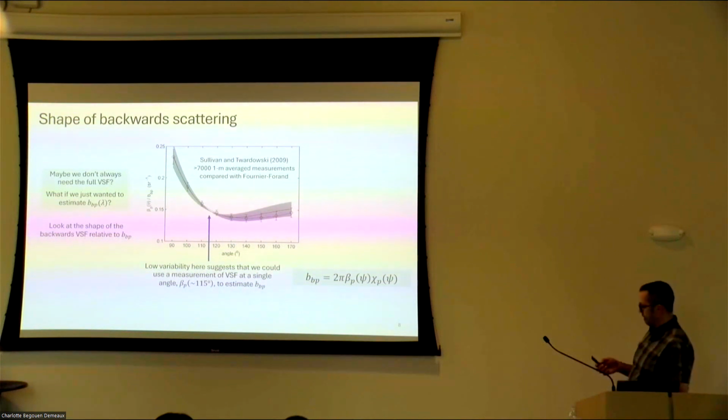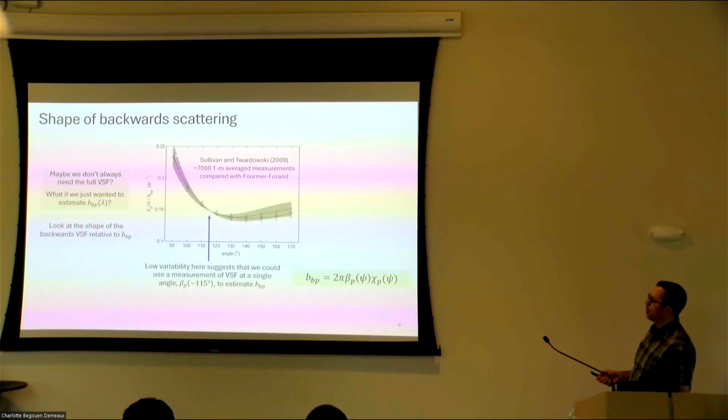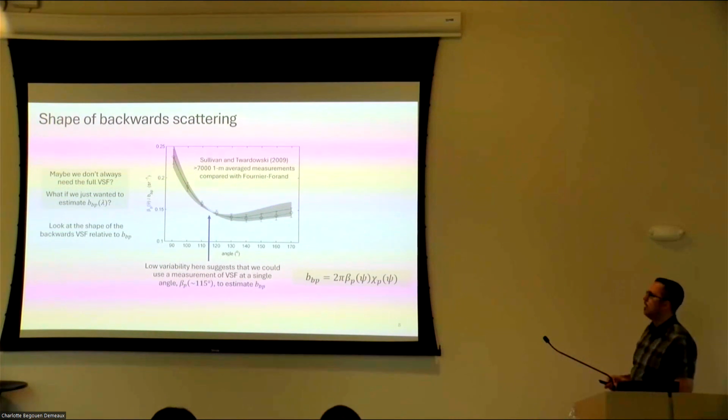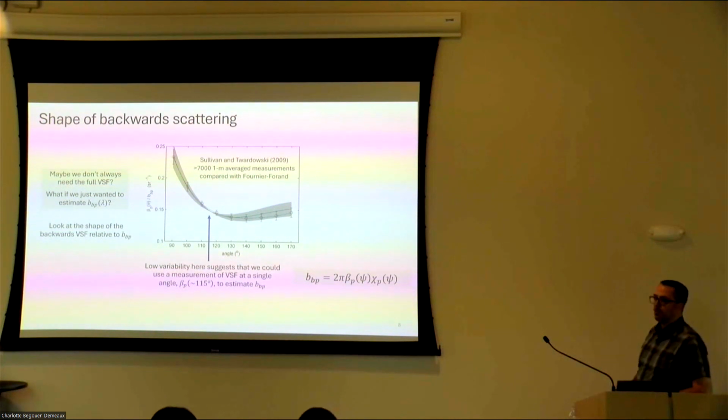or backscattering function. And what you see here is there's a place where there's very little variability. And if we think about it a little bit, this is both the wide range of Fournier-Forand phase functions, and then the data with error bars is a very large data set of those MASCOT VSFs.